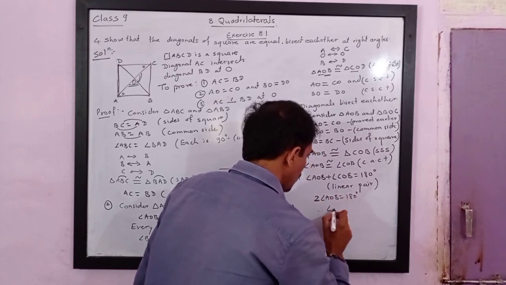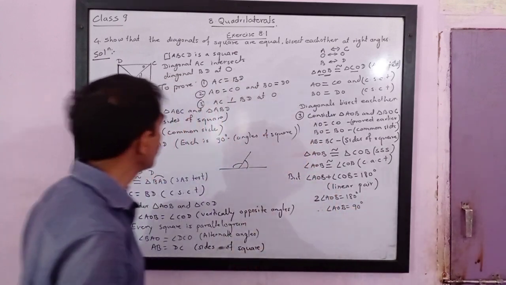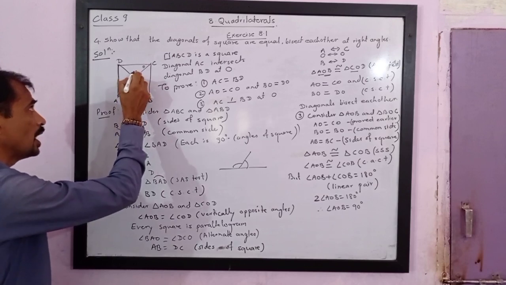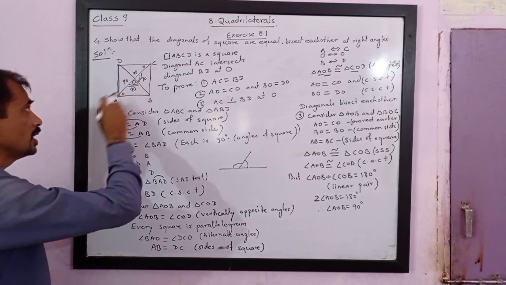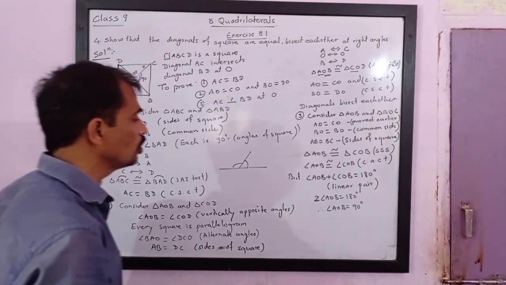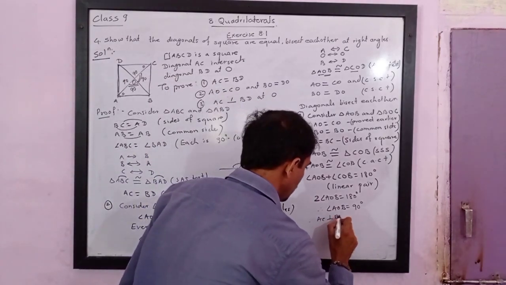It means angle AOB is equal to 90 degrees. Look at the figure. If one of the angles is 90 degrees, the opposite angle will also be 90 degrees, and the remaining angles will also be 90 degrees. Therefore, AC is perpendicular to BD at O.